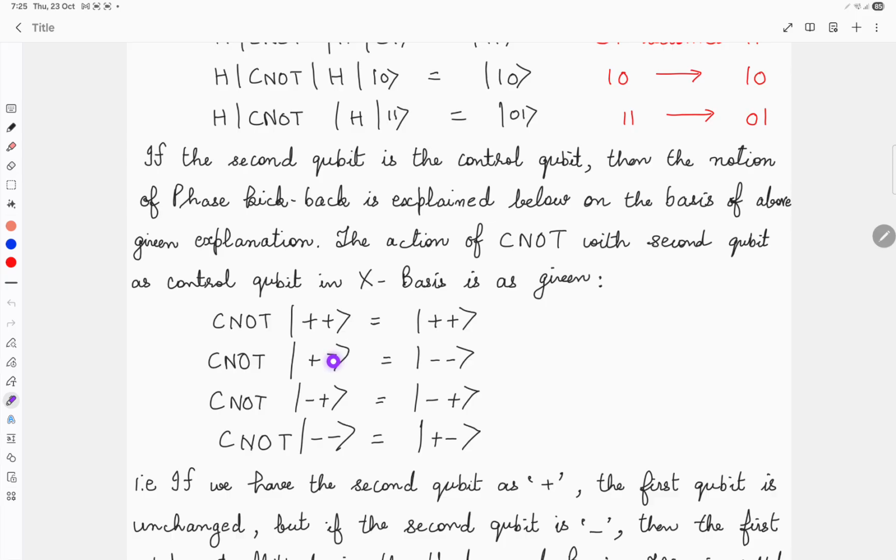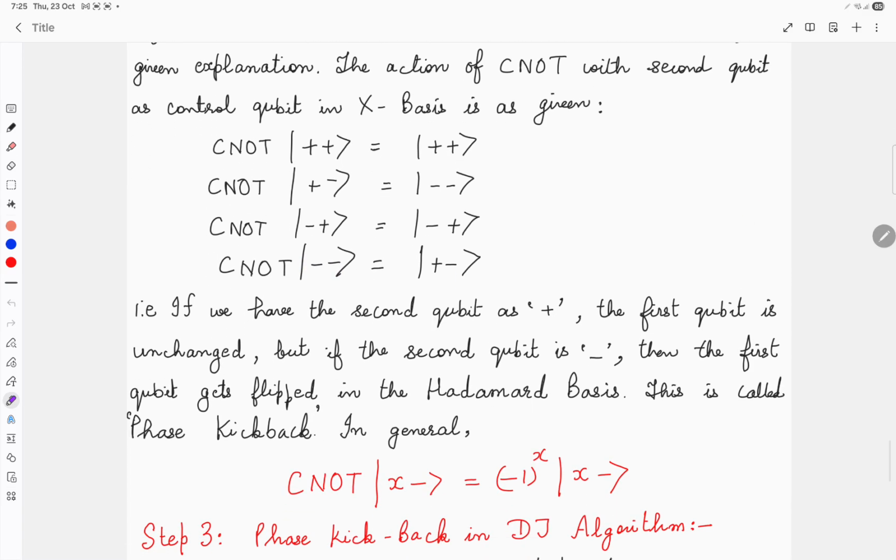But if the second qubit is minus, that means it is equivalent to 1. So the first qubit will be complemented, so we'll get minus minus. If the second qubit is plus, the first qubit will remain as it is. If the second qubit is minus, the first qubit will be complemented. So if we have the second qubit as plus, the first qubit is unchanged. But if the second qubit is minus, then the first qubit gets flipped in the Hadamard basis.